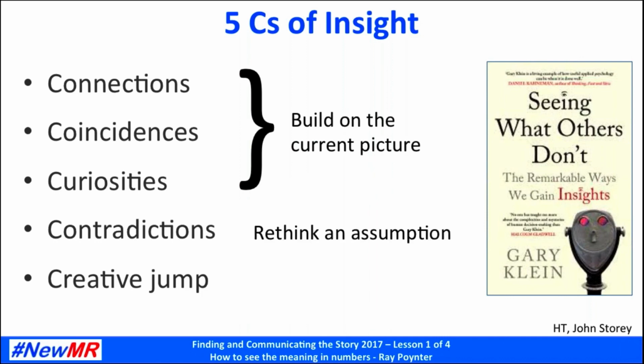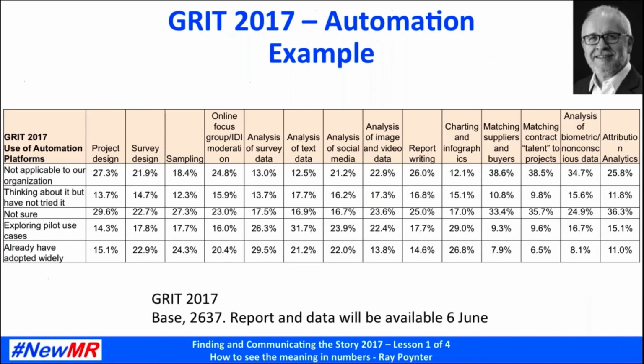So the top 3 of these build on the current picture: the connections, the coincidences, the curiosities. Contradictions mean we have to rethink an assumption. Something we thought was true clearly isn't true. So what are the implications of that? And creative jump often means we have to discard an assumption and move in a completely different direction.